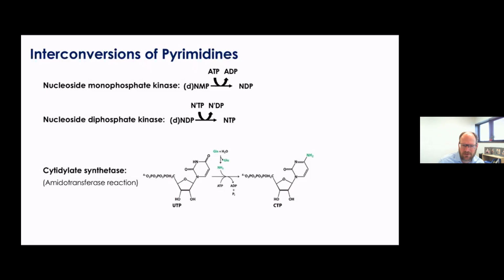So it's important to remember this actually starts with UTP as the biosynthetic start point. And cytidylate synthase allows a transfer of an ammonium from the side chain of glutamine, with an ATP, and that aminates this section right here.